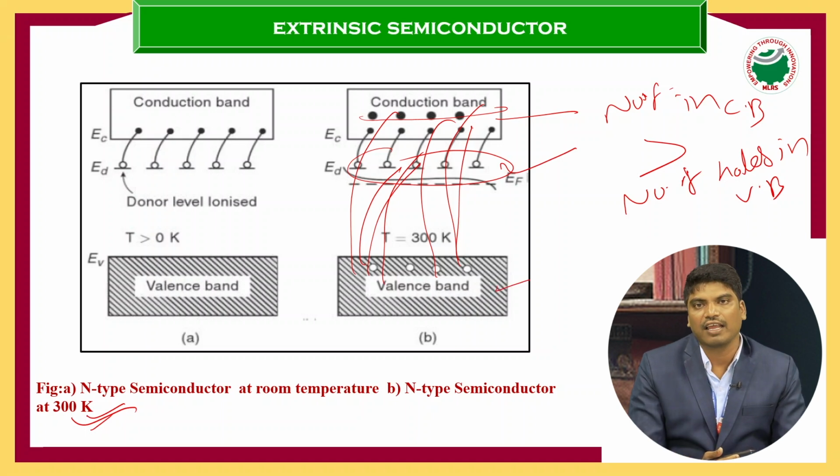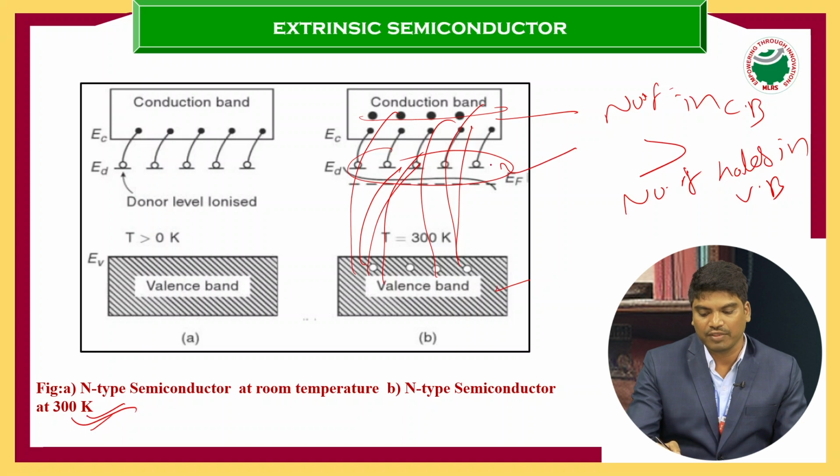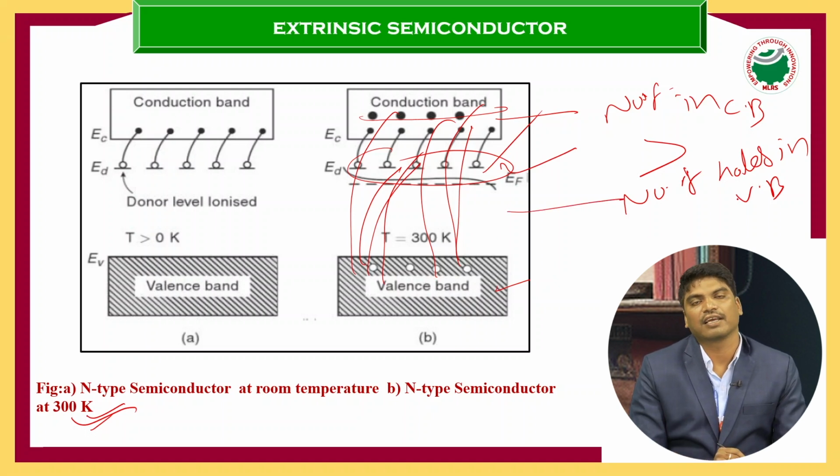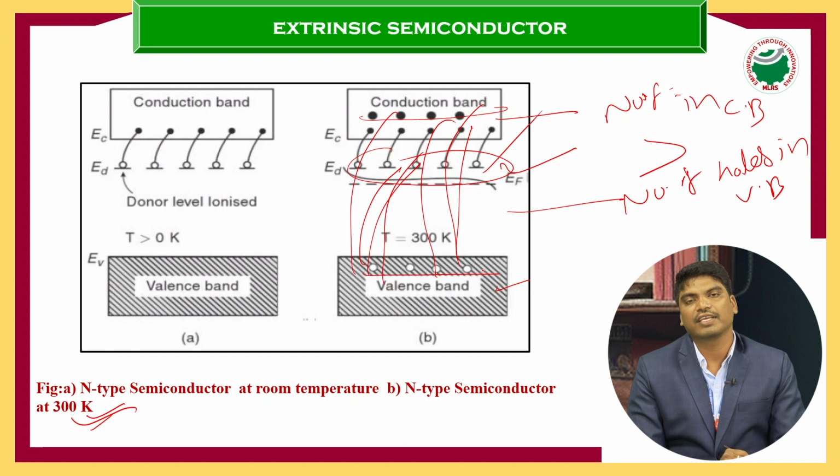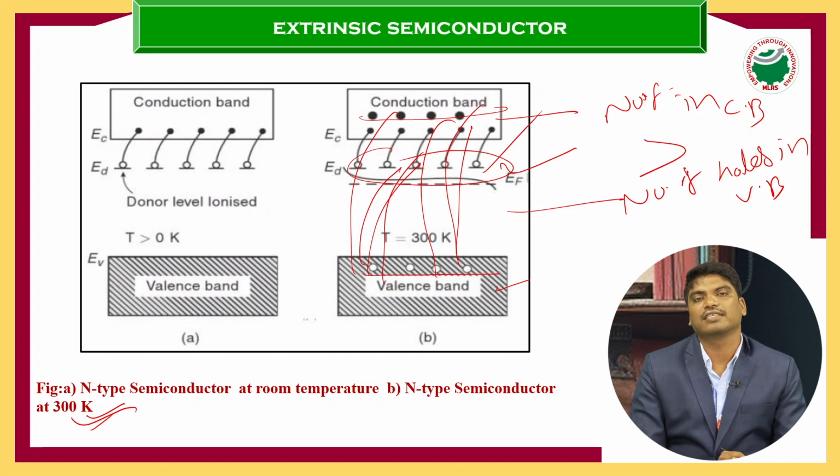By increasing the temperature a little more, we can clearly see that the number of electrons in the conduction band is always greater than the number of holes in the valence band. Hence, we can say that the majority charge carriers in n-type semiconductors are electrons. Minority charge carriers in n-type semiconductors are holes.